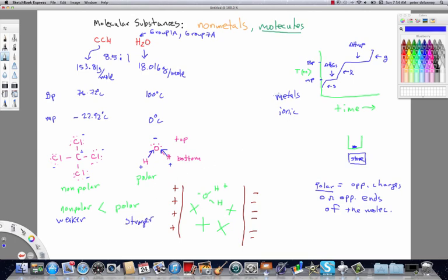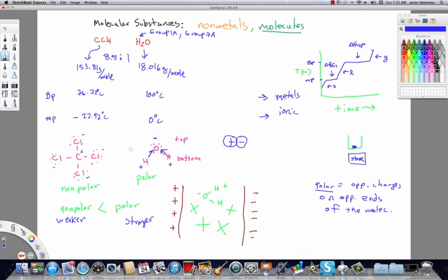All right? And coming back up here to my heating curve, just like with metals and with ionic substances, the force that holds the particles together is based on electrostatic forces, right? An electrostatic force is just simply the force of attraction between something that's positive and something that's negative.